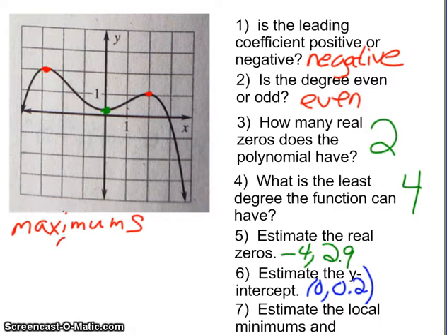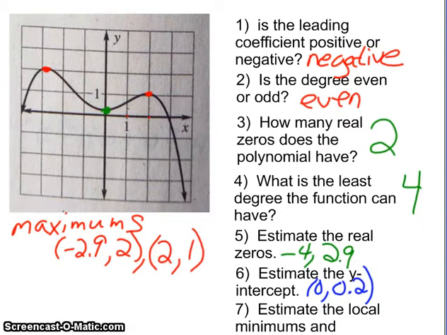That would be about negative 2.9, and then up 1, 2. Y-coordinate of about 2. The one on the right, we've got 1, 2, x-coordinate of 2, y-coordinate of about 1. And the local minimum, the x-coordinate would be about 0, the y-coordinate would be about 0.2.